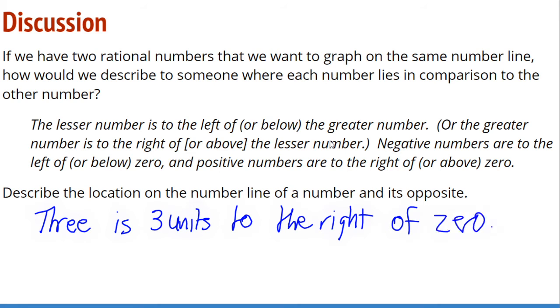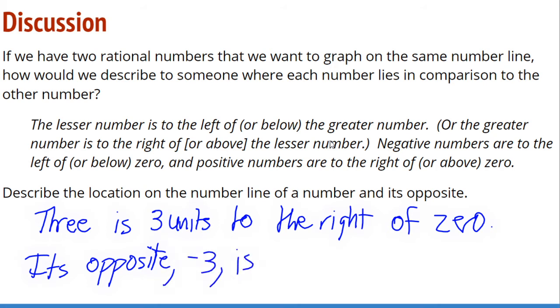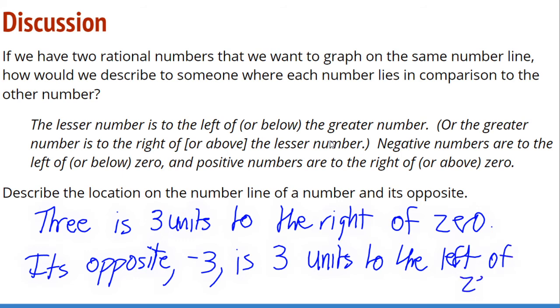And I would say that its opposite, which is negative 3, is 3 units to the left of 0. So 3 is 3 units to the right of 0, and its opposite, negative 3, is 3 units to the left of 0.